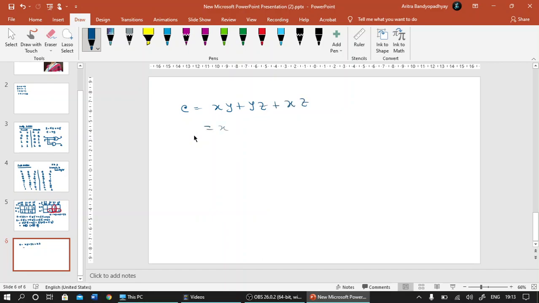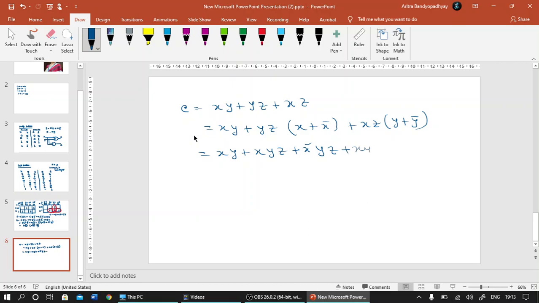So we can write xy plus yz (x plus x complement) plus xz (y plus y complement), that is xy plus xyz plus x complement yz plus xyz plus xy complement z. That is xy (1 plus z) plus z (x complement y plus xy complement), which can be written as xy plus z (x XOR y).